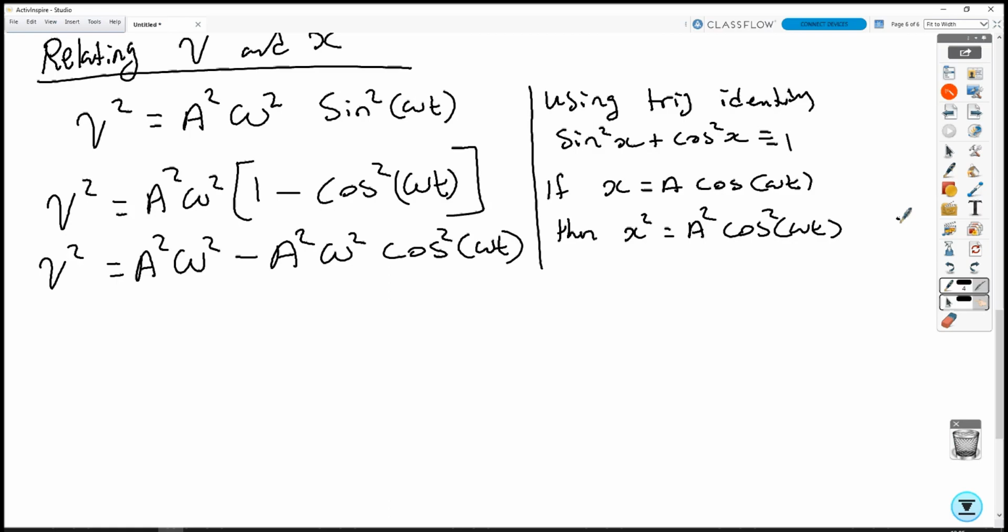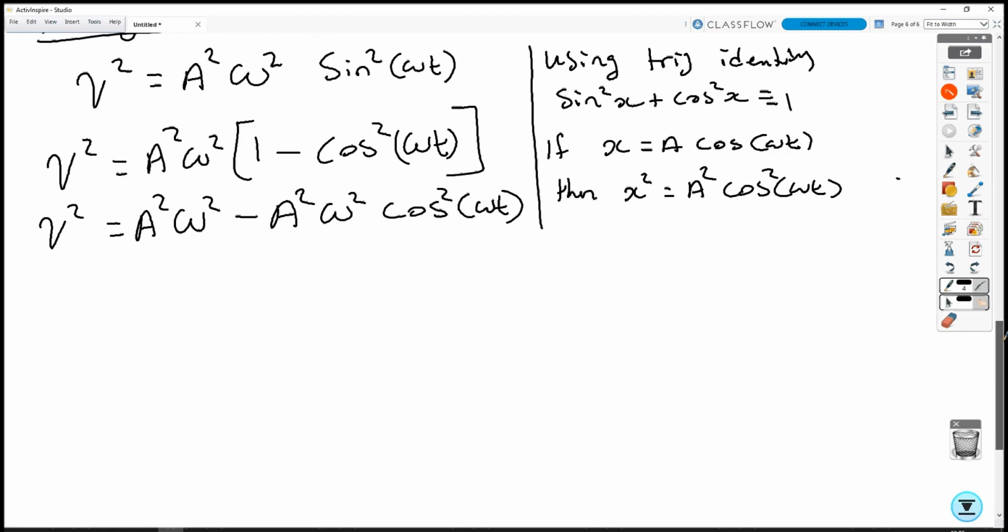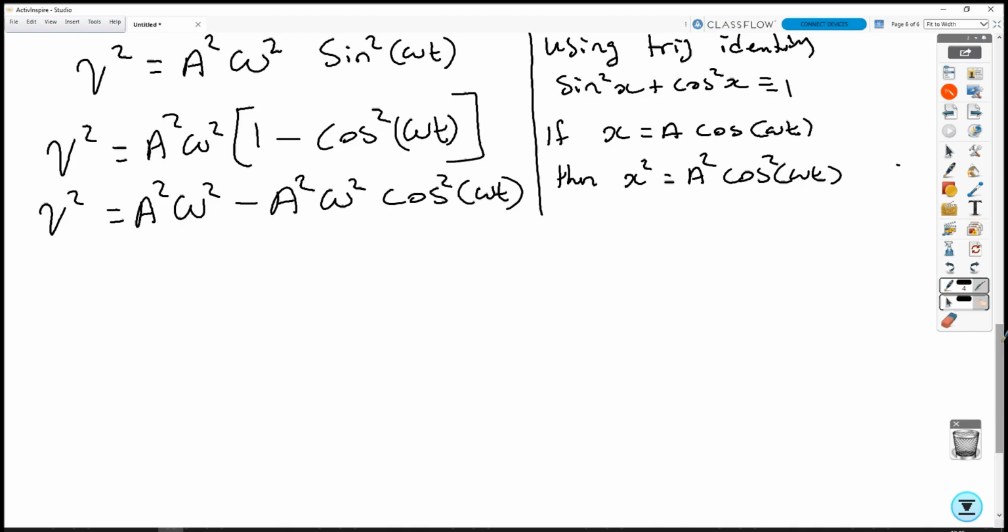We just have the extra omega squared. So A squared cos squared omega t is just x squared. So now v squared equals A squared omega squared minus omega squared x squared.